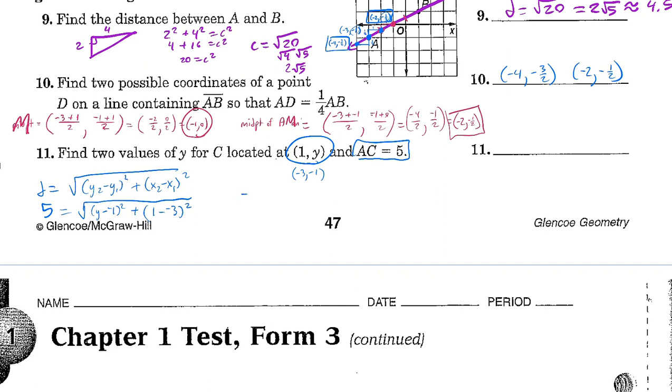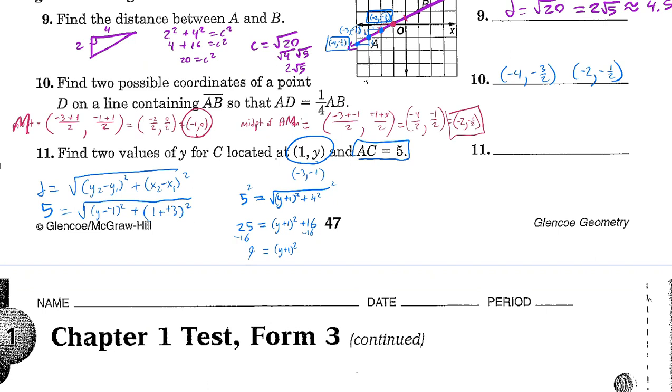So 5 equals square root of y plus 1 squared plus, and then 1 minus -3 is 1 plus 3, so that's plus 4 squared. Okay, so I'm going to square both sides of this equation. So I get 25 equals y plus 1 squared, and the 4 squared I'm just going to write as 16. All right, so now let's subtract 16, and we get y plus 1 squared equals 9.